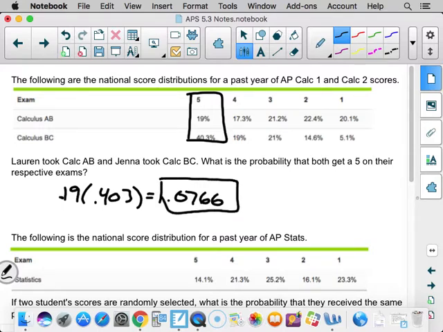So that's the probability that they would both get 5s. Oh, yeah, that's a 3, sorry.